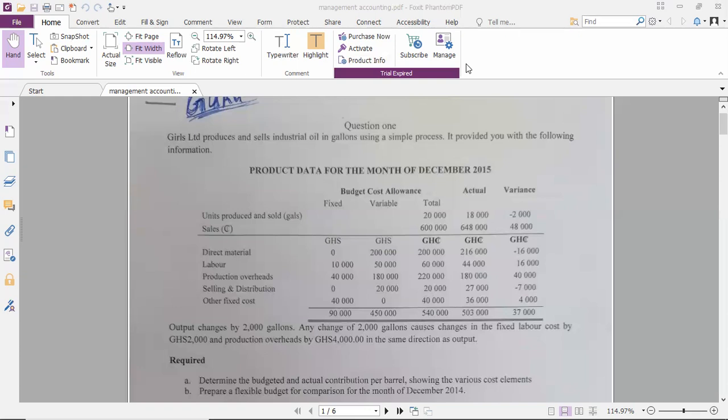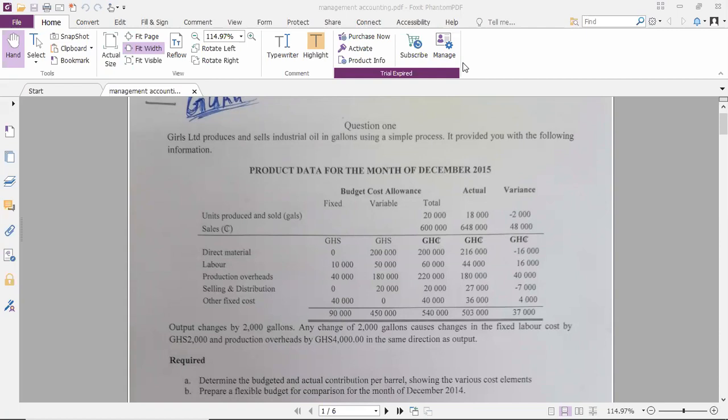So by just looking at the units produced, you can tell that this budget is a fixed budget. That is a fixed budget.